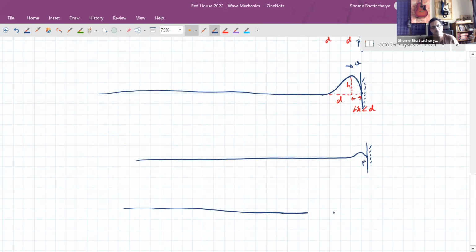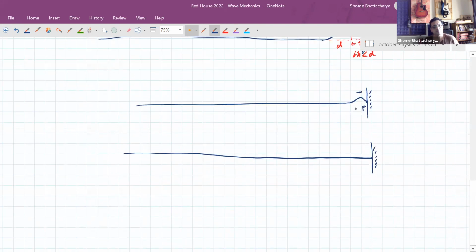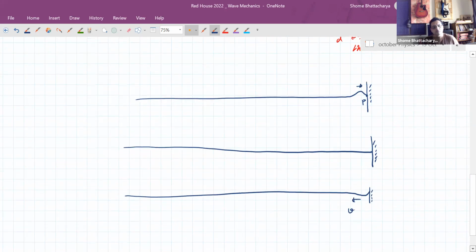And then we'll see at a particular instant of time, the string would have become flat. And next instant, an inverted pulse appears.